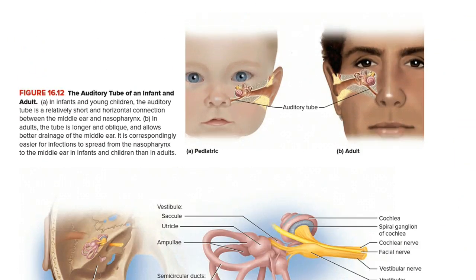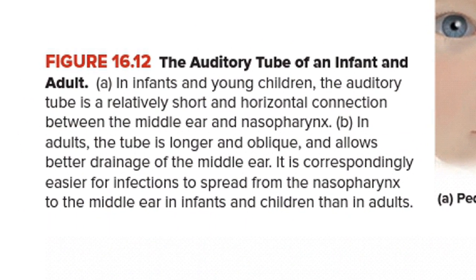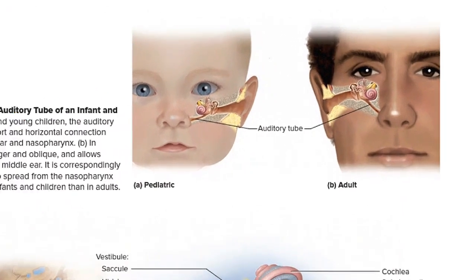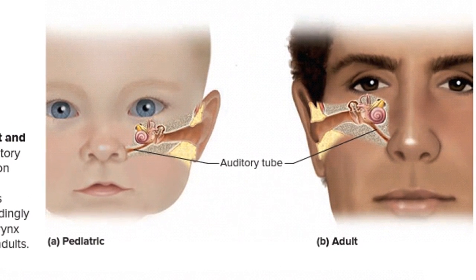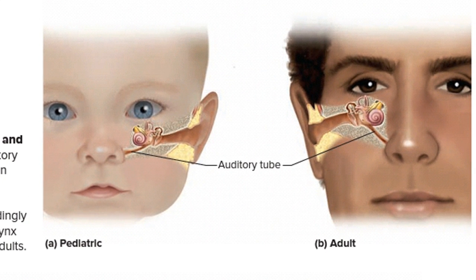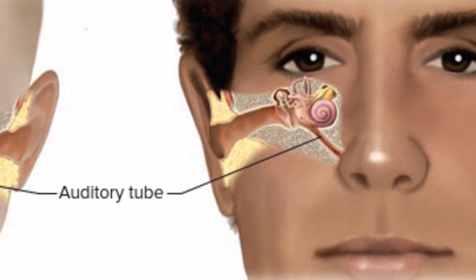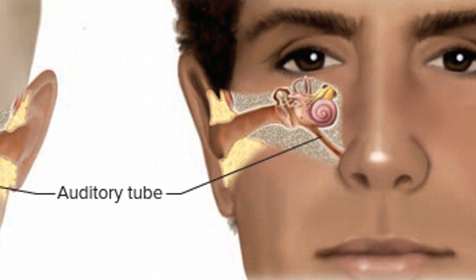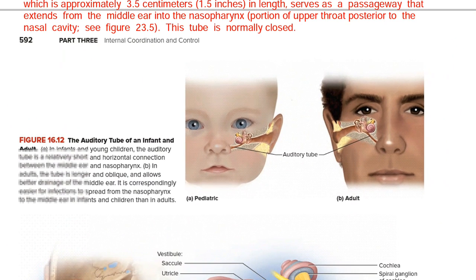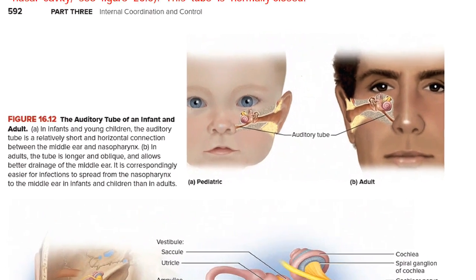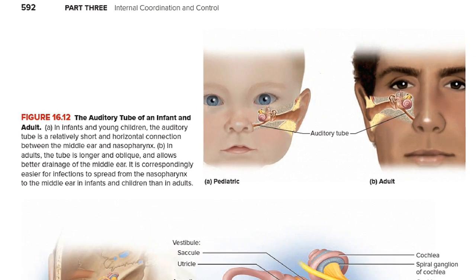Here in this figure, see the auditory tube of an infant and adult. The auditory tube of a child is on the left-hand side, and here you can see the auditory tube of an adult. So we can see the auditory tube is extending from the middle ear up to the nasopharynx.